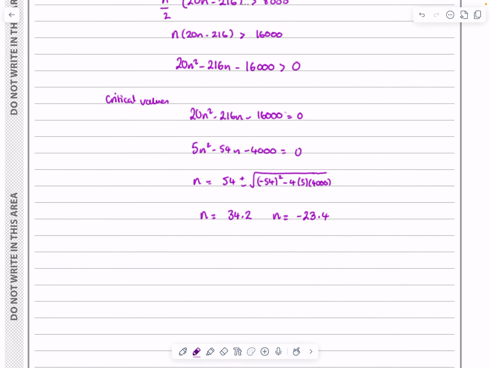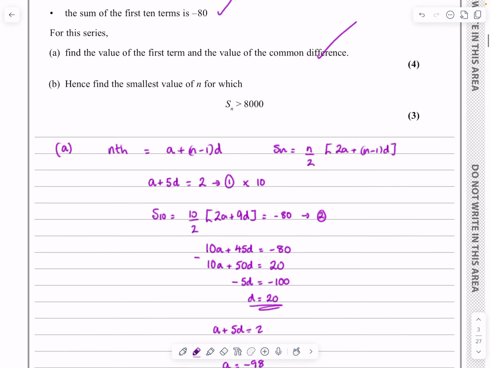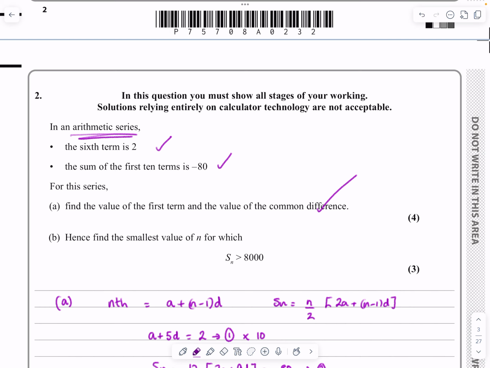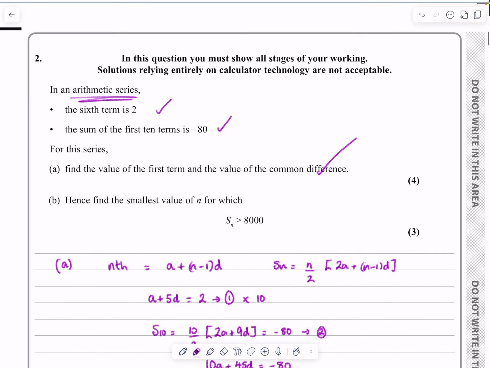So I can ignore the minus 23.4. n is a number of terms, so that can't be possible. So n has got to be greater than 34.2. So the next integer value is that n is going to equal 35. So the smallest value of n, 34.2 would have done it, but that's not a number of terms, whereas 35 is. Okay, hopefully that will make sense to everybody.